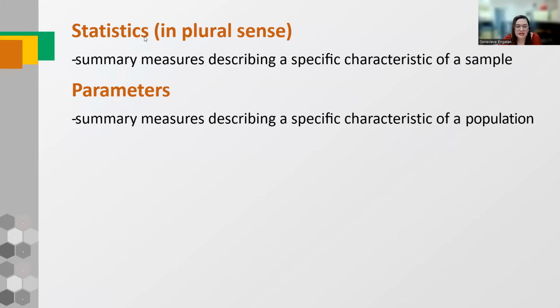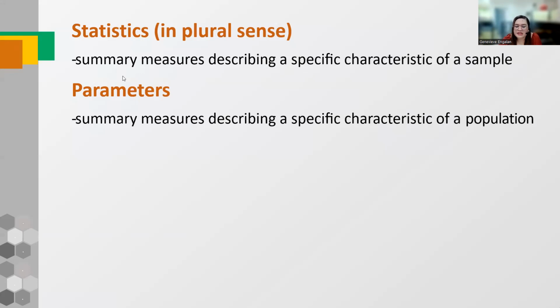So, these summary measures describe the sample. Whereas if you say parameter, it describes the population, a specific characteristic of a population. So, examples of a statistic are the sample mean, sample median or sample standard deviation, these are statistics, since they describe a sample.